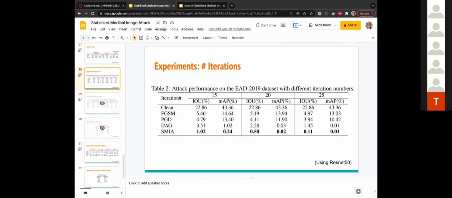Meanwhile, stuff like DAG takes 150 iterations. So they're just trying to show that they get better results faster. I see. Okay. Yeah, if you have some budget, right, you can only perform maybe 5 or 10 iterations, then they have an advantage, right? They converge faster, based on the result here. Okay, I see.